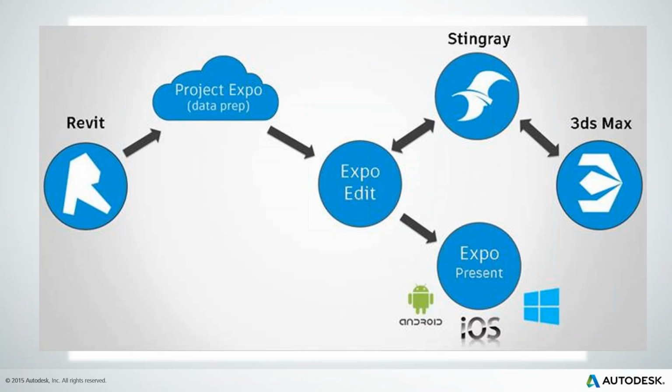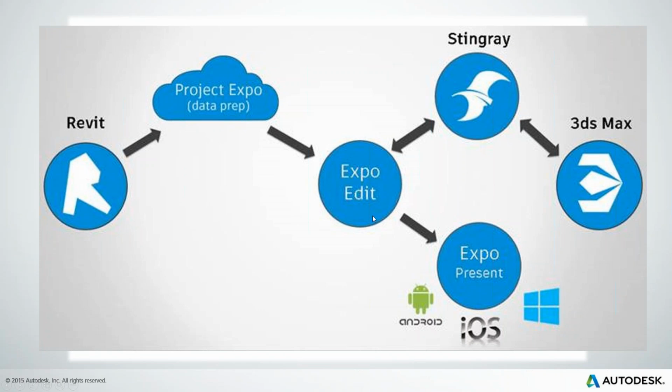So explaining the Revit process again, because this is something which you can do easily online. Here you have the Revit file, which goes for data preparation on the Project Expo cloud. It gets converted and comes as a file called the Expo edit.